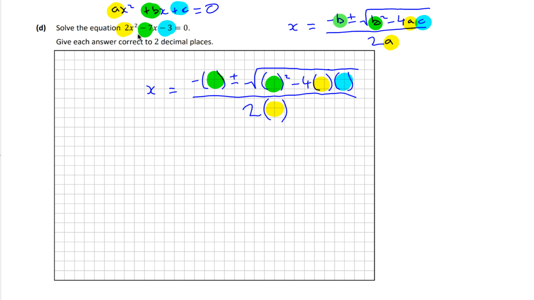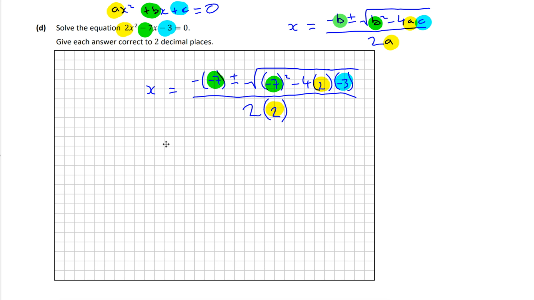Okay, so b is -7, a is 2, and c is -3. So now I just go to my calculator, I press the fraction button first, and then I type this exact thing in that we have here in front of us.